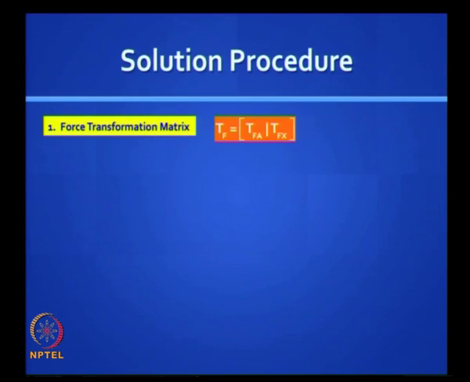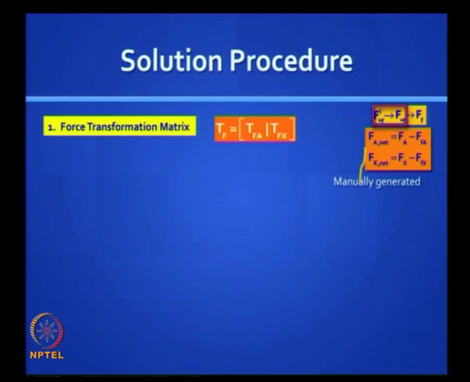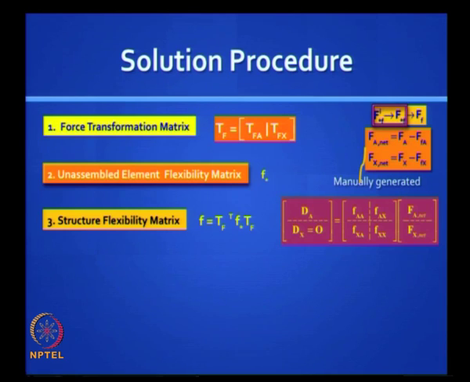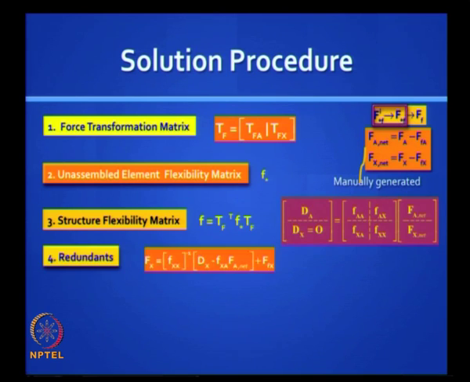Procedure is find out the force transformation matrix, find out the fixed end forces, you have to generate this manually, find out the flexibility matrix at the element level, generate the stiffness flexibility matrix at the structure level, write down your compatibility equations appropriately, solve the second equation to find the unknown redundants, and if you wish you can find the displacements also by solving the first equation, otherwise do not do that.